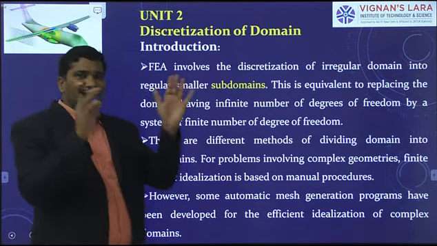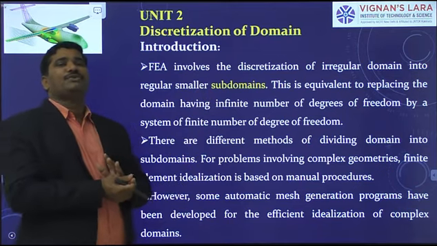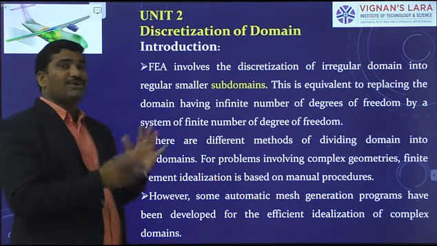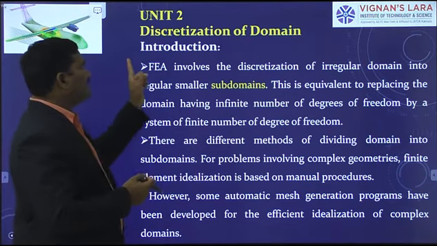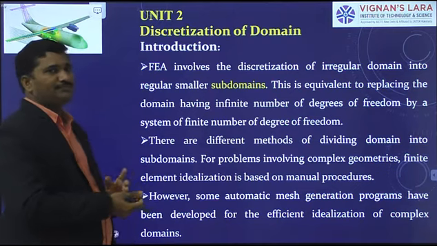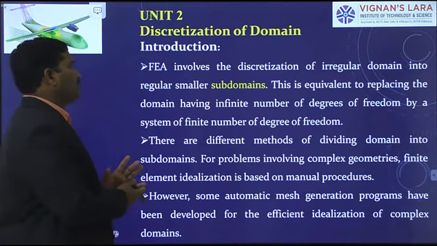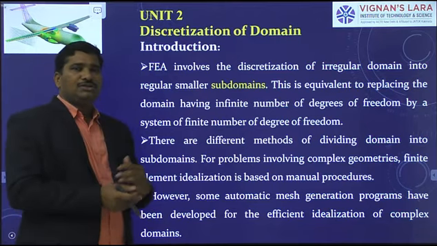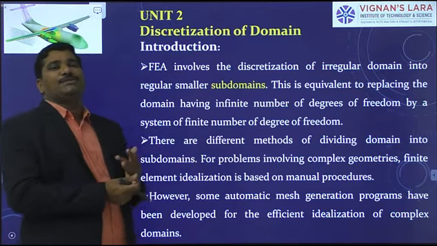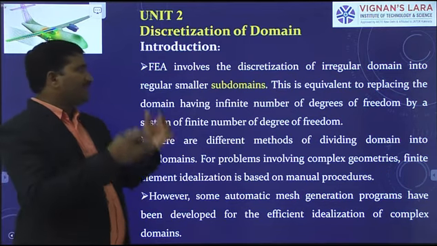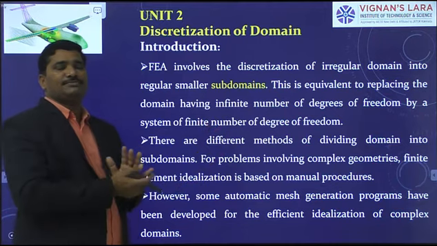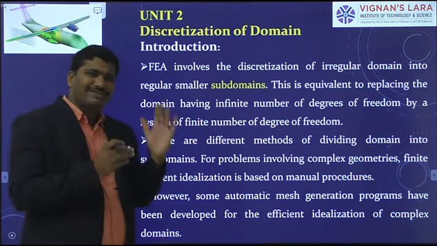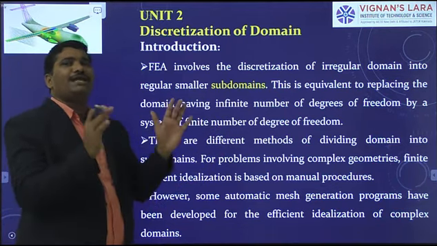But to discretize the domain, what type of element do we use? There are several types of elements. That is the reason why firstly we see discretization of domain. Using the basic idea of the finite element method, we discretize an irregular domain into many subdomains. What is a subdomain? A subdomain is a finite element.